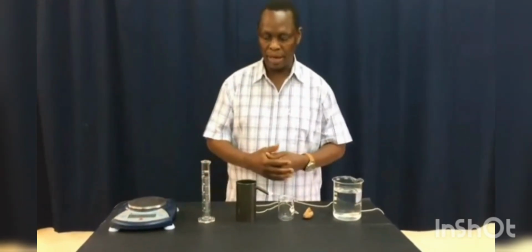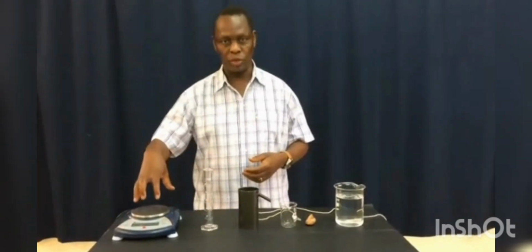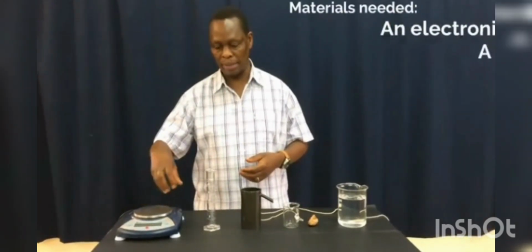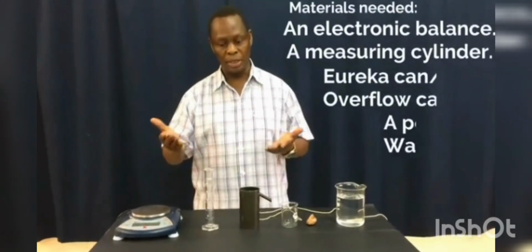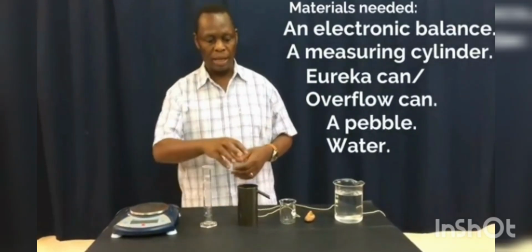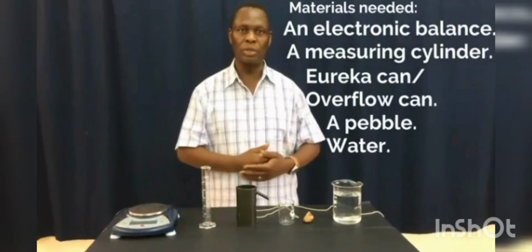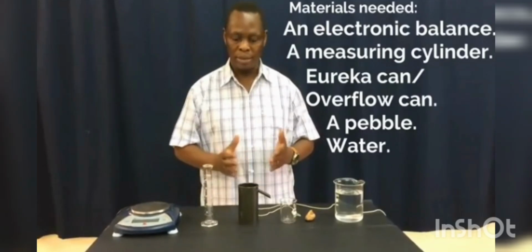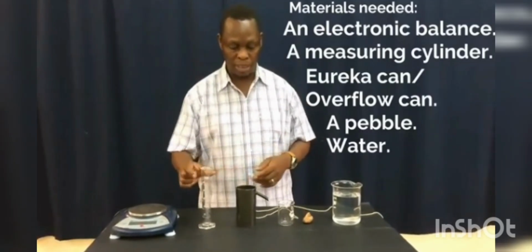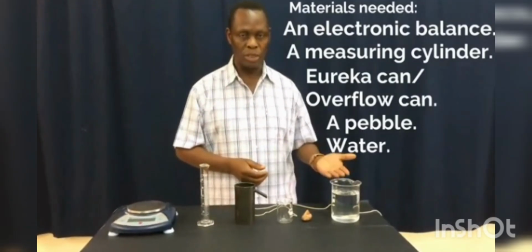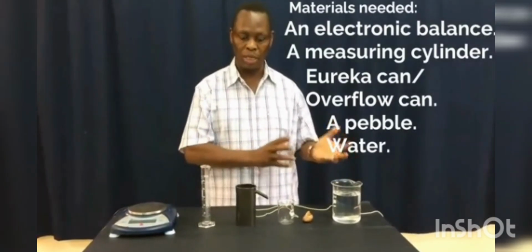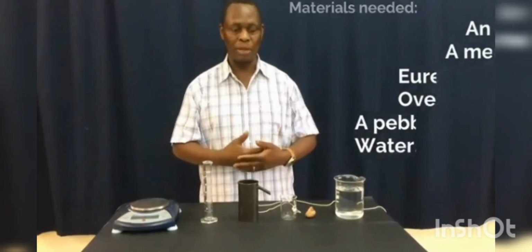The apparatus that I have: one, an electronic balance for measurement of mass; a measuring cylinder, which will help me in measuring the volume; a Eureka can, also known as an overflow can, which will help me in measuring volume together with the measuring cylinder; and of course I have water, which is going to help me use the displacement method.